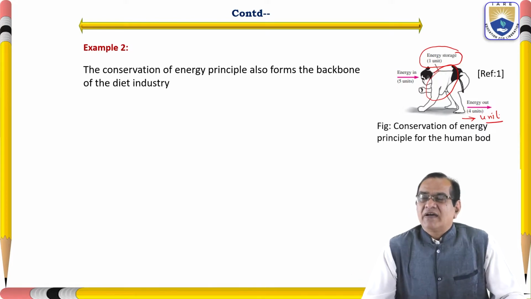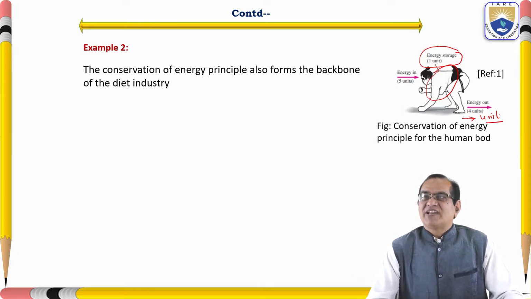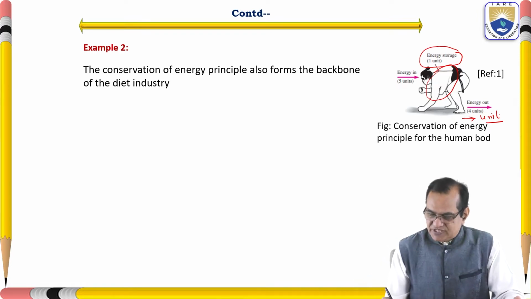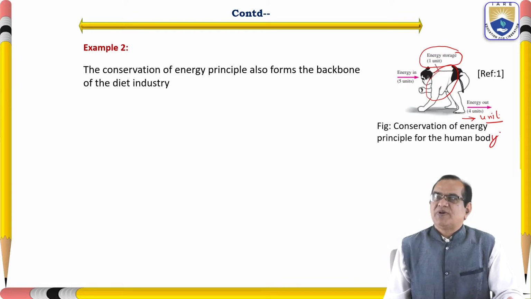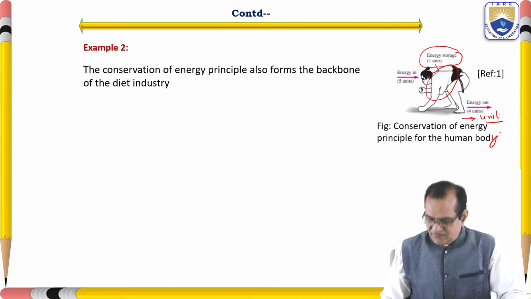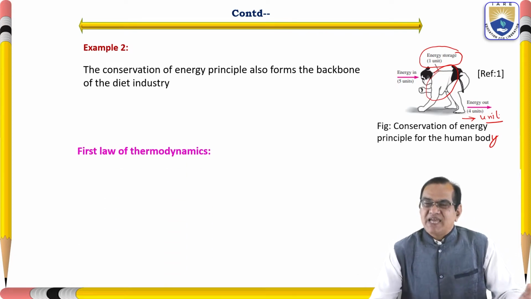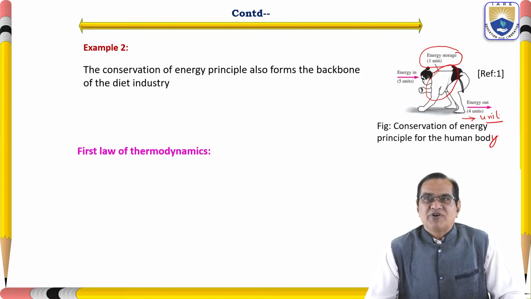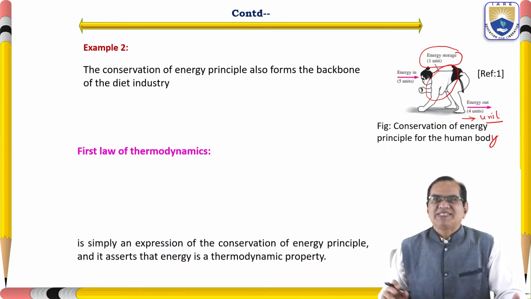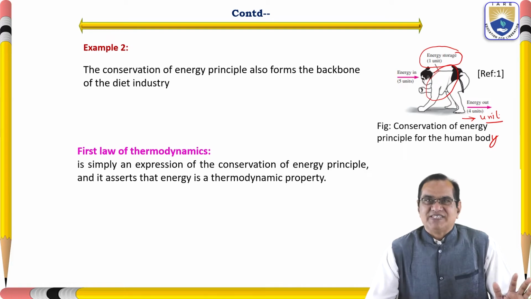So here is the conservation of energy principle for the human body. For this human body, the conservation of energy can be applied. In the same way we have the first law of thermodynamics, which is basically a conservation of energy.